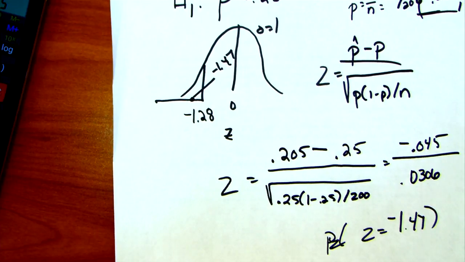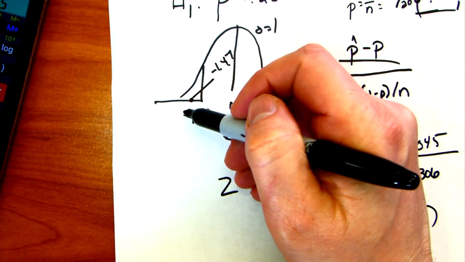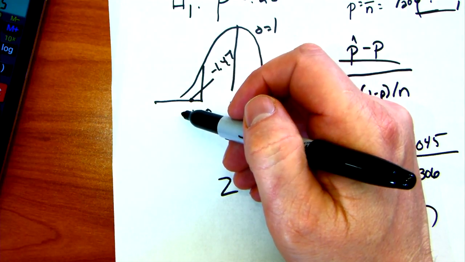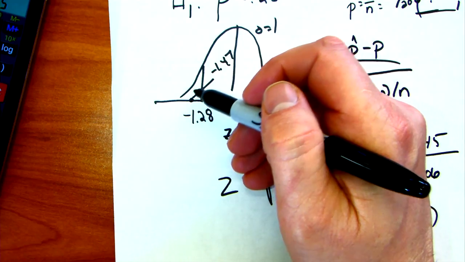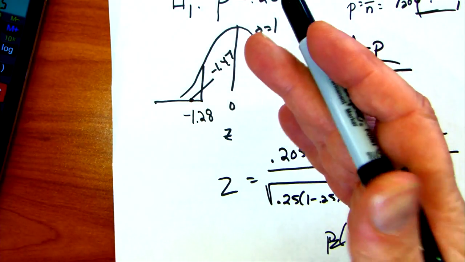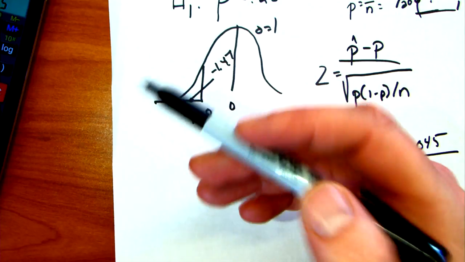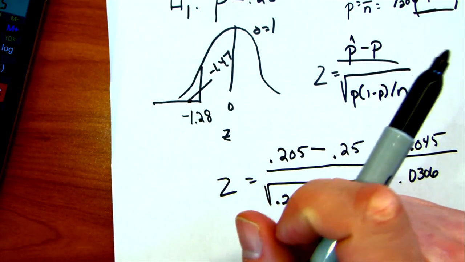If I did this at the 5% significance level, what would my rejection region start at? Not negative 1.28, but negative 1.645. Would it be in there then? No. How about if it was 1% significance? That would be negative 2.33. No.